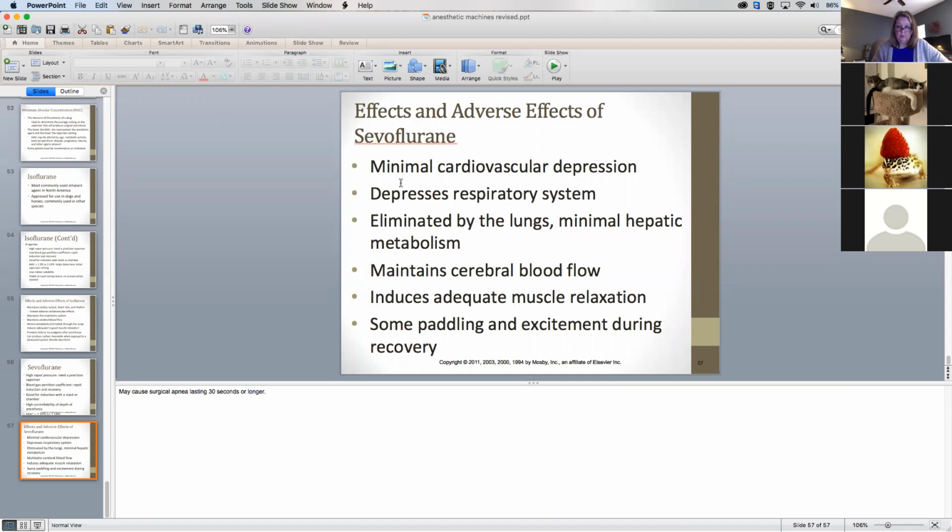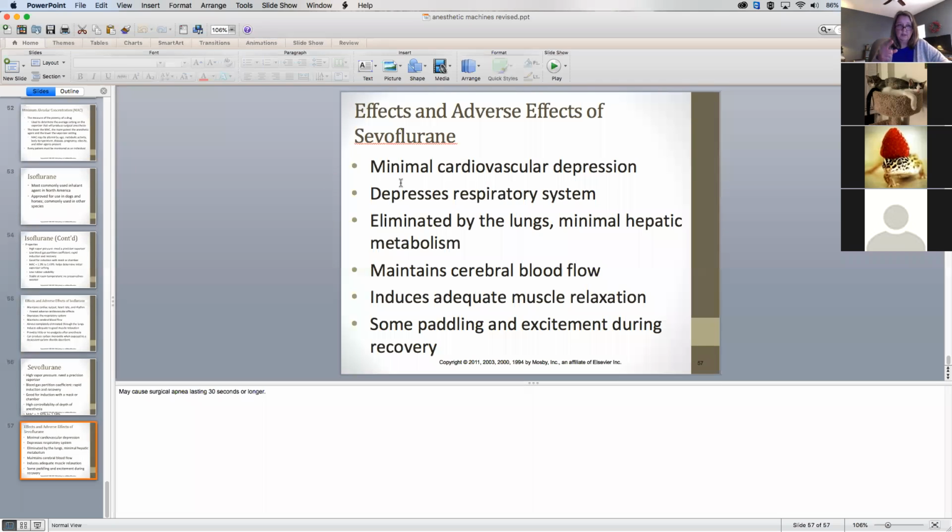So again, it was associated with a longer induction and a longer recovery because of that different vapor pressure. It had the lowest MAC, around 0.76, so it just meant that it was more potent. The halothane vaporizer was just like an iso vaporizer. The max you could give is 5%.